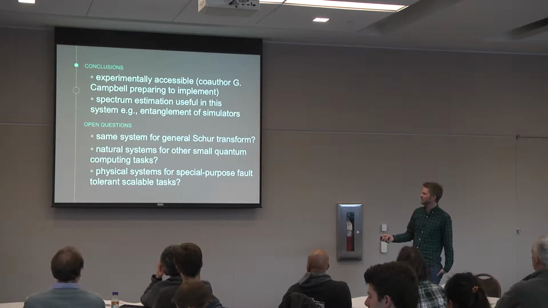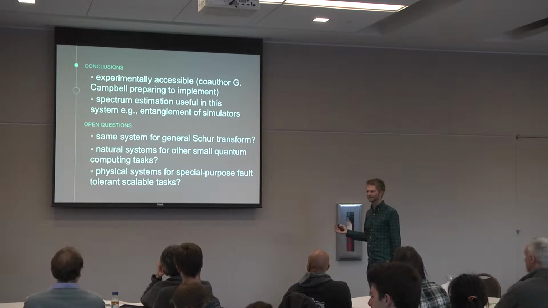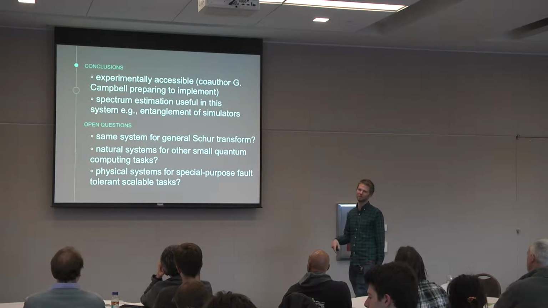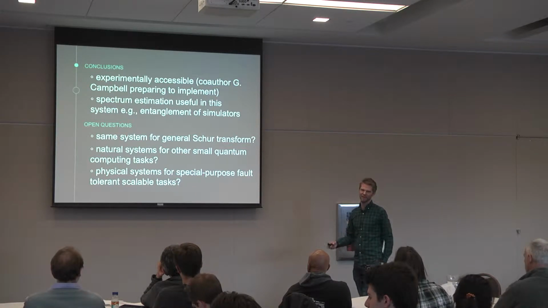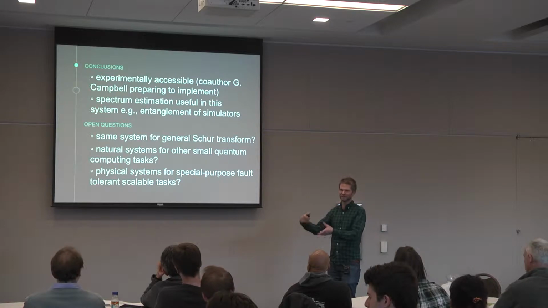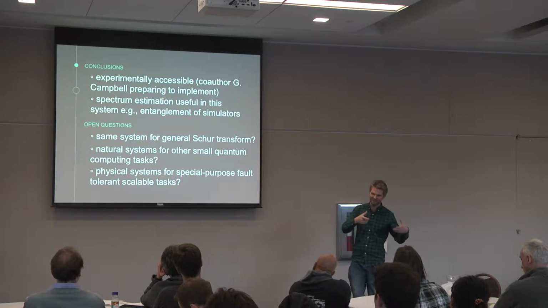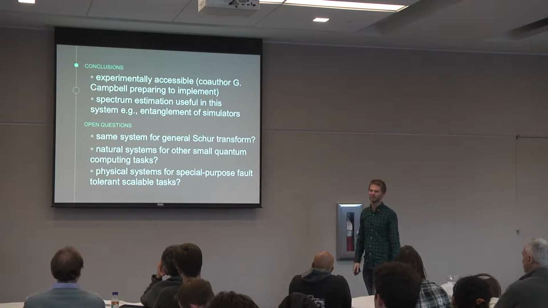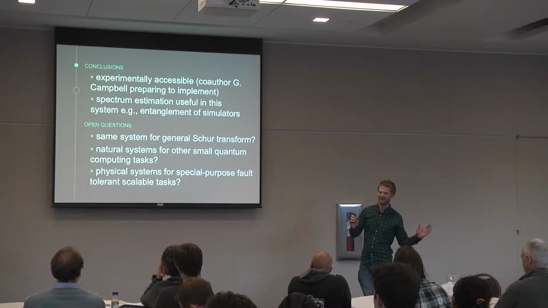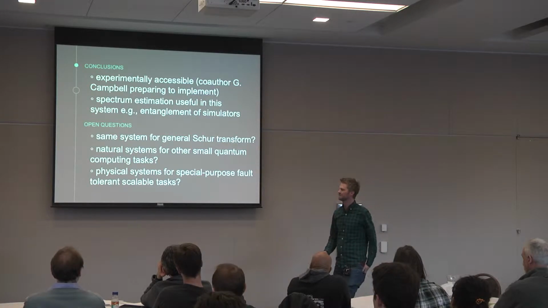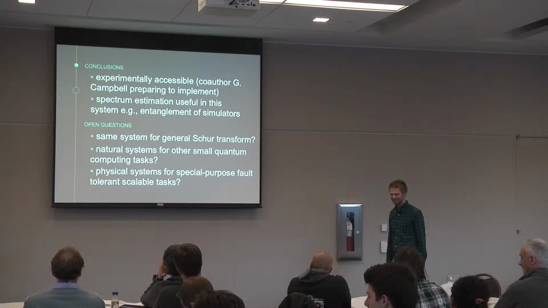And also, even in the fault-tolerant full quantum computing setting, maybe we should be thinking a little bit along these lines of having parts of our computer which have special properties to implement particular algorithms, and other parts which are physically well-suited to fault-tolerantly implement some particular algorithm. Okay, that's it. Thank you.